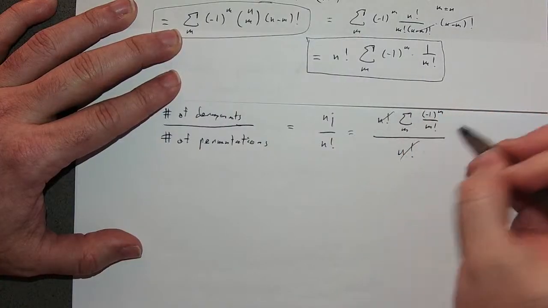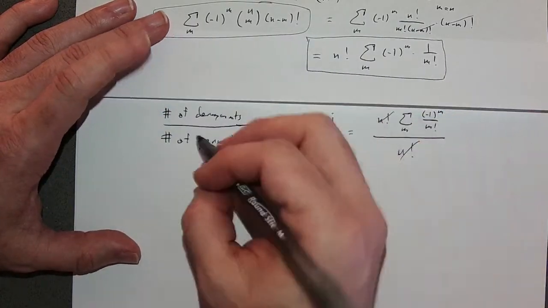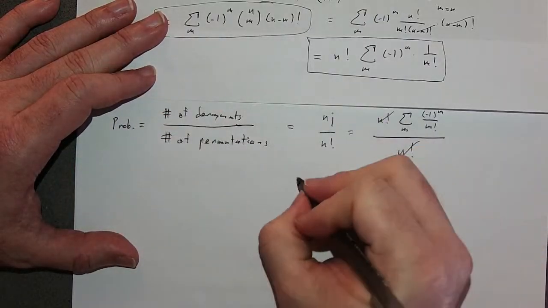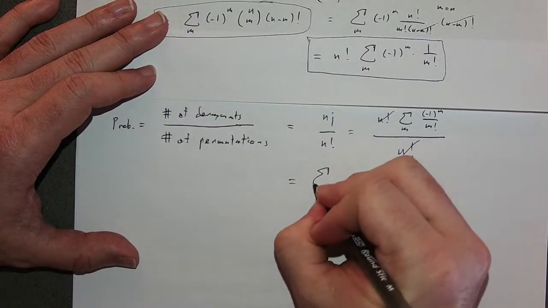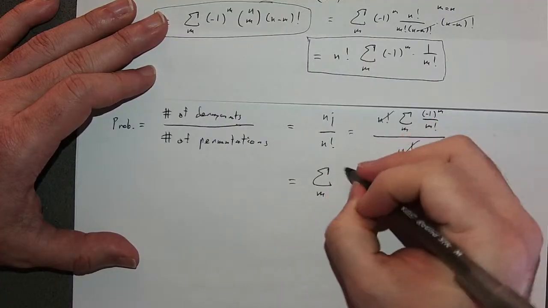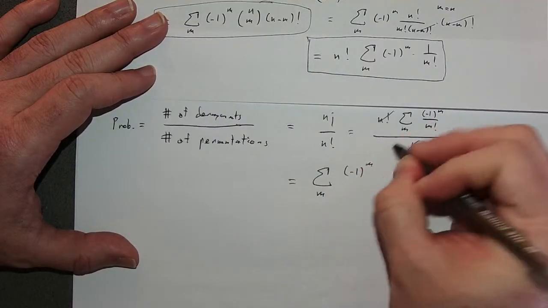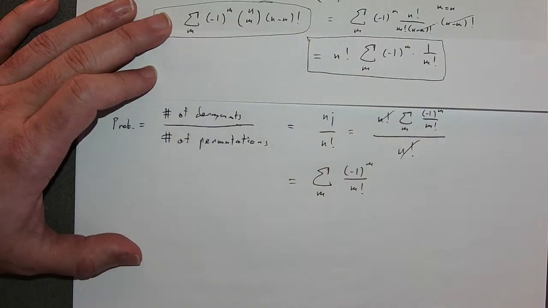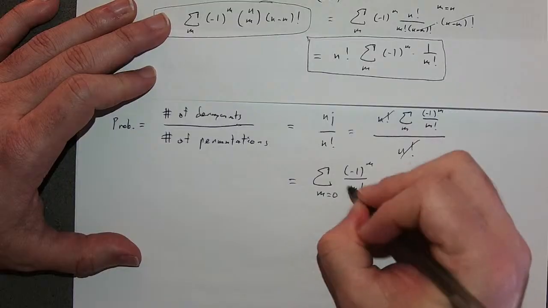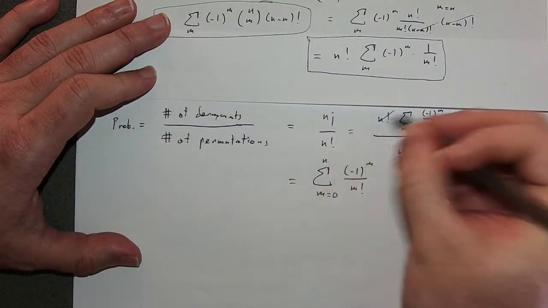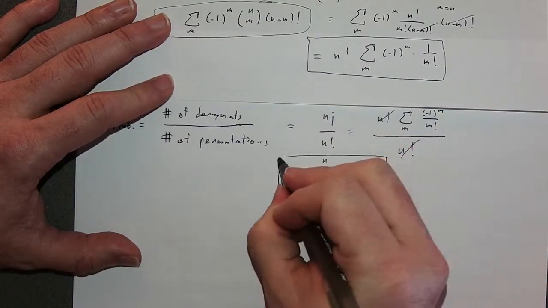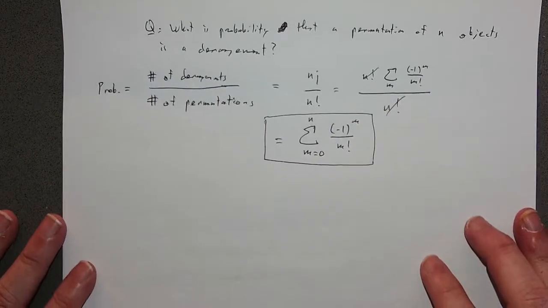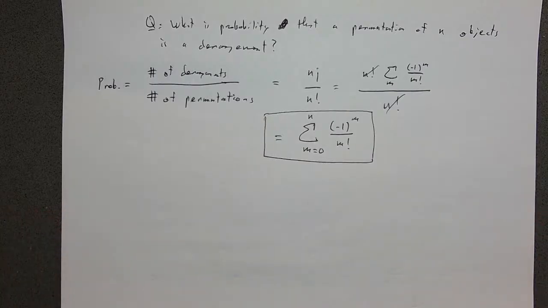The n factorials cancel, and so this probability is the sum over m of minus 1 to the m over m factorial. And this is a sum from m equals 0 to n. That is our probability.